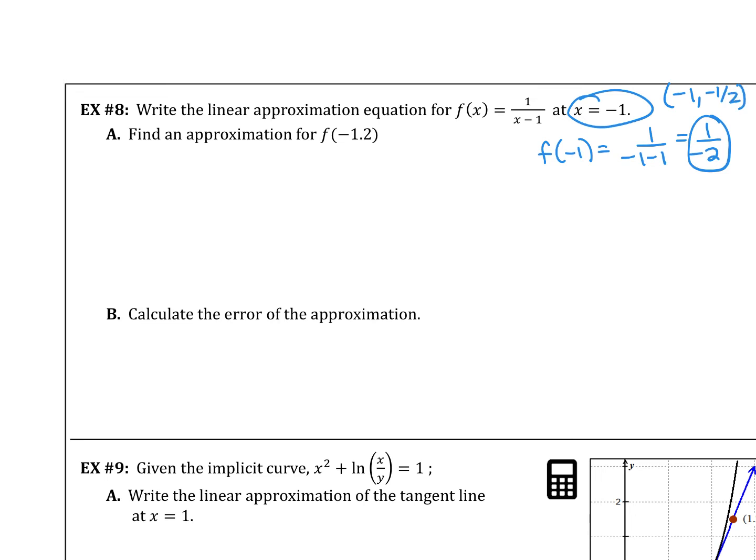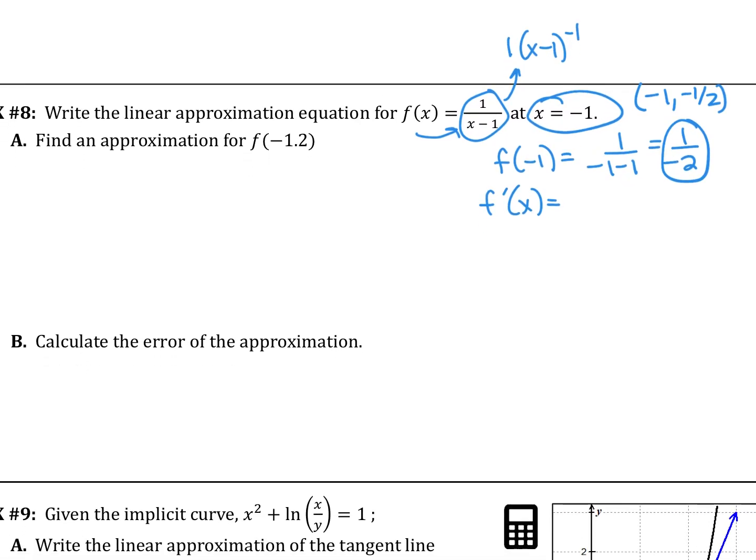And in order to find our linearization equation, we need to know what f prime of x is. Well, 1 over x minus 1 could be written as 1 times x minus 1 to the power of negative 1, and then we could use the chain rule to differentiate. Or you may also use the quotient rule if you choose to do that. It will also give you the correct derivative.